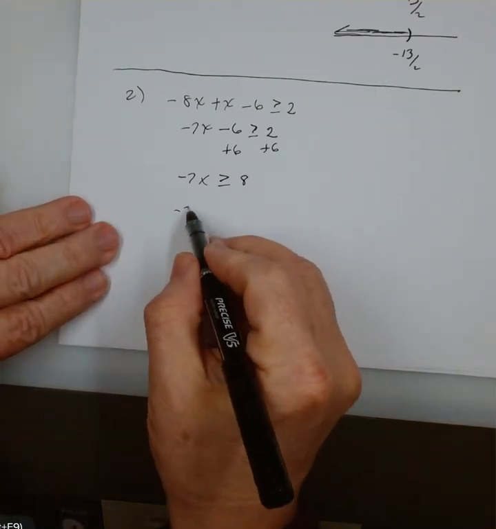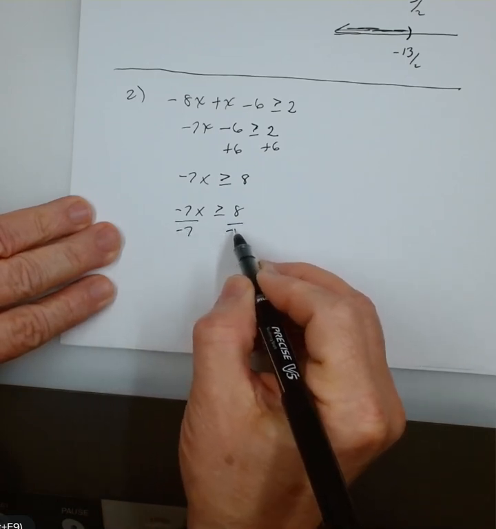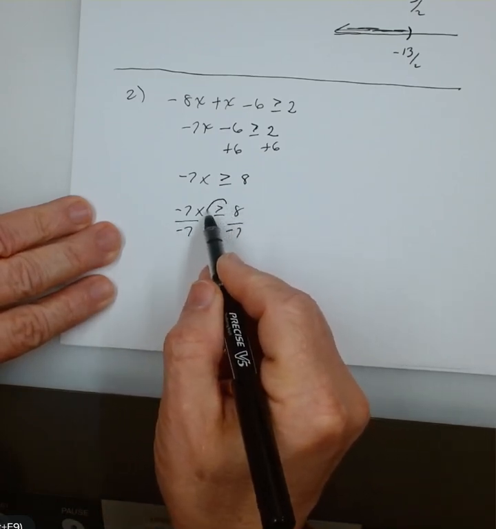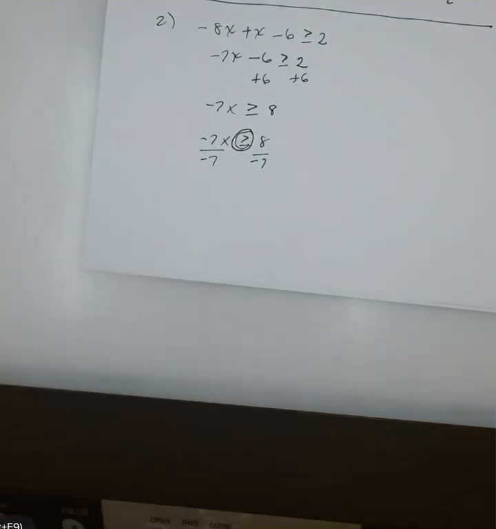So when I divide both sides by negative 7, I'm going to circle this right here to remind myself I've got to reverse it. Whenever you divide both sides of an inequality by a negative number, you reverse the inequality symbol.